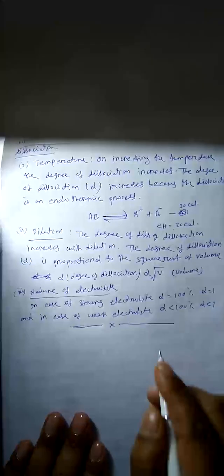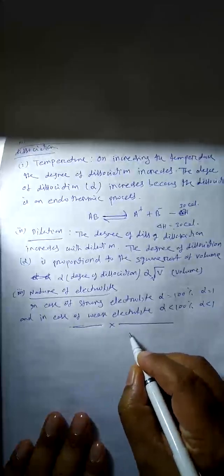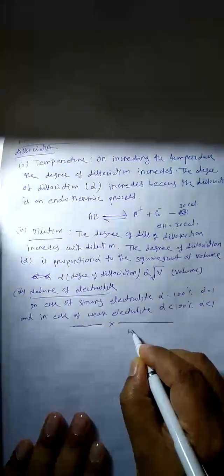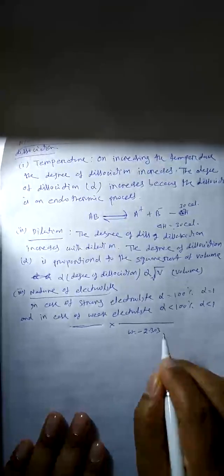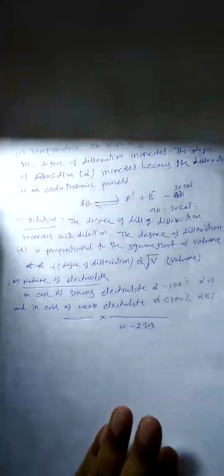So for work done, we already derived this equation: W is equal to minus 2.303 nRT log V2 by V1.